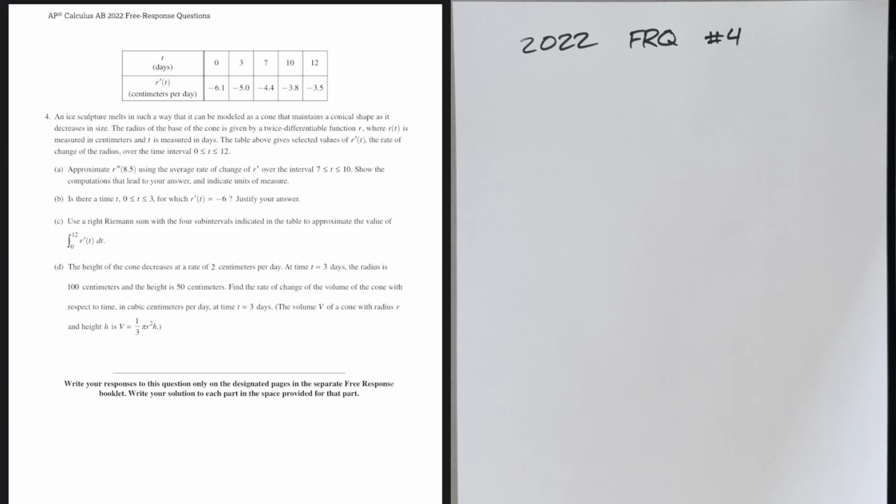The radius of the base of the cone is given by a twice differentiable function, r, where r of t is measured in centimeters and t is measured in days. The table above gives selected values of r prime of t, the rate of change of the radius, over the time interval from 0 to 12.